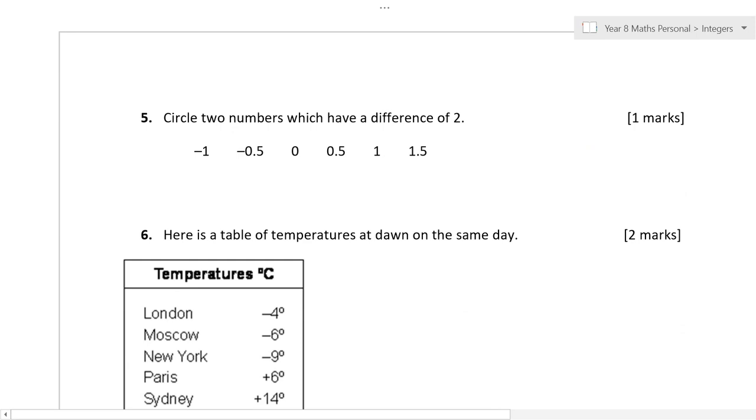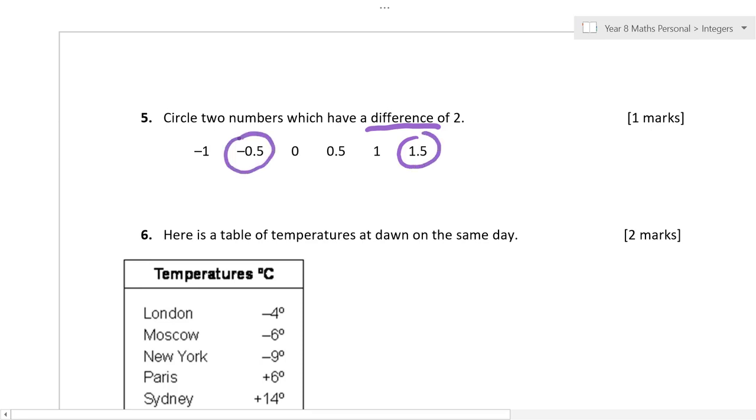I think I was going to go through this one just briefly. Girls, whenever you see the word difference, I want you to start thinking of it as subtraction. If I was to subtract one number from the other, I would get 2, a difference of 2. So I can see over here I've got 1.5 and negative 0.5.